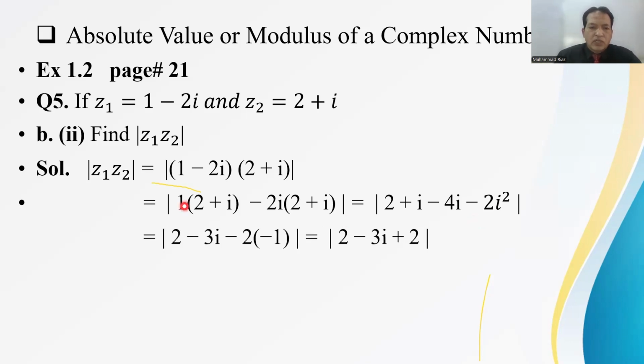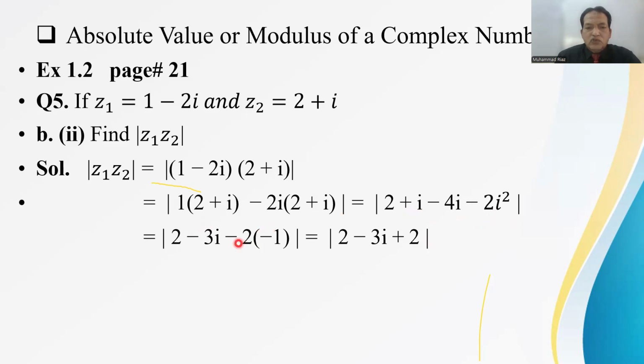Now look, 2 plus iota minus 4 iota are subtracting with each other. Minus 4 plus 1, we will get minus 3 iota, and minus 2, the value of iota square, minus 1.